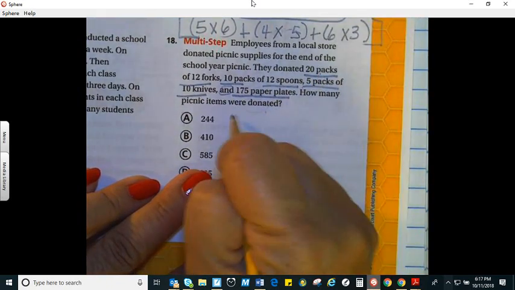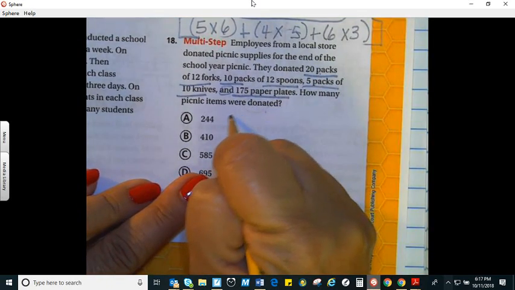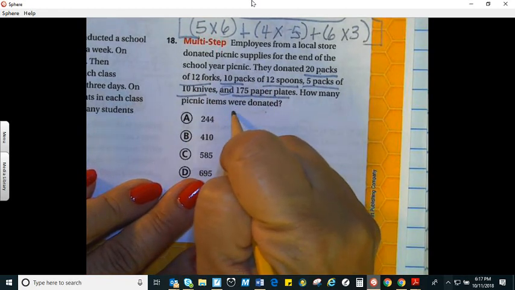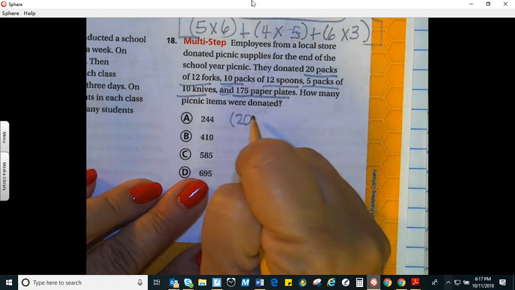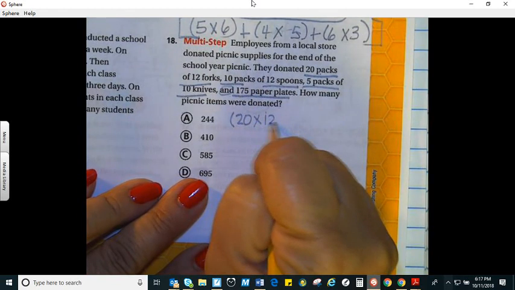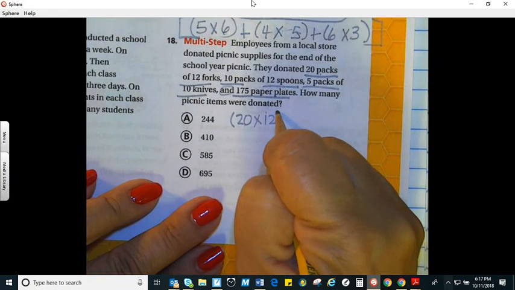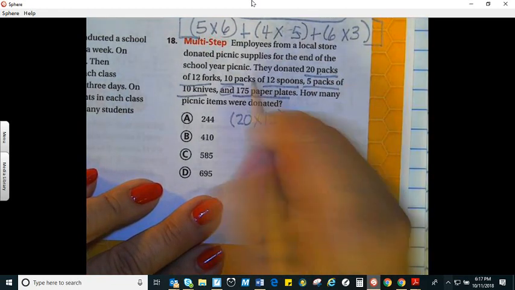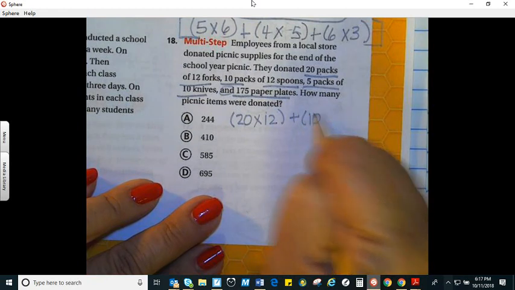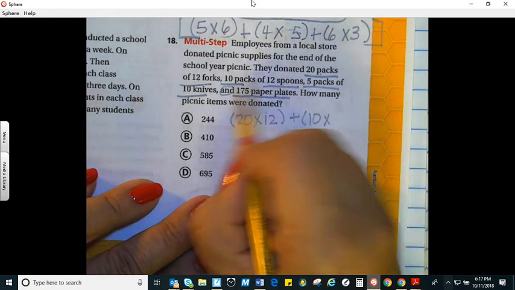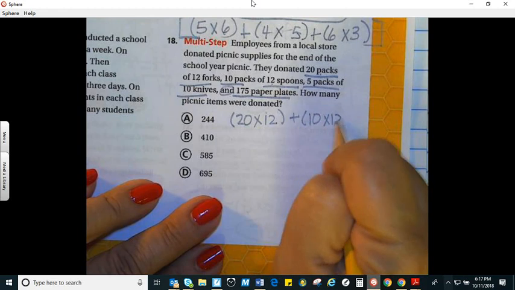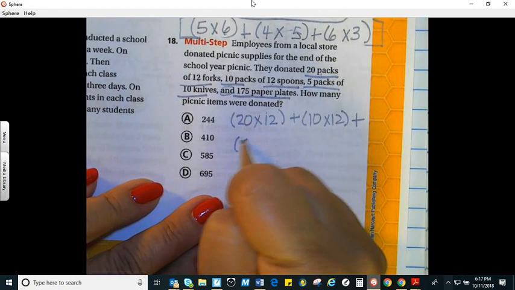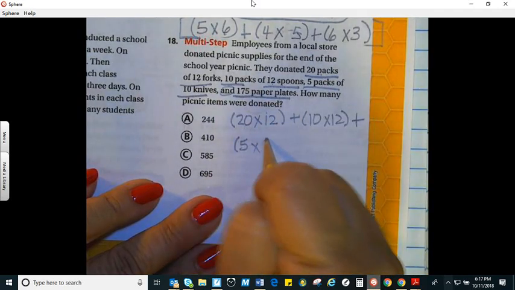Well, if I had 20 packages, 20 boxes, and in each box were 12, what's my operation? Yeah, really good. 20 times 12 plus 10 times, so I have 10 packs of 12 spoons plus 5 packs of 10 knives.